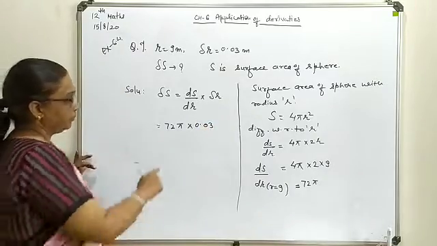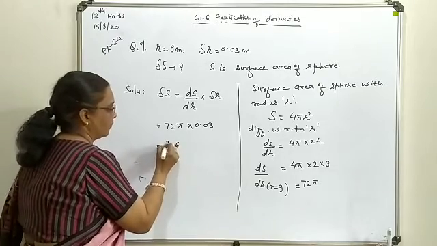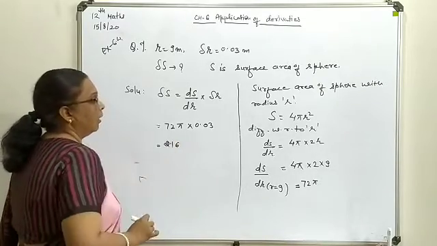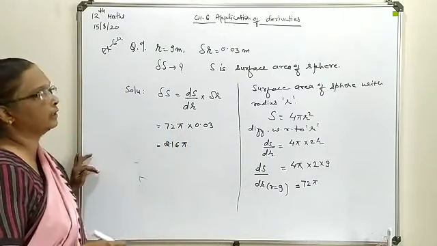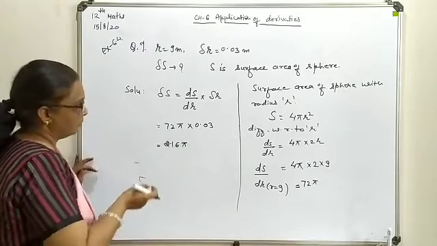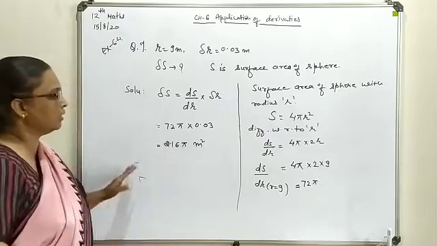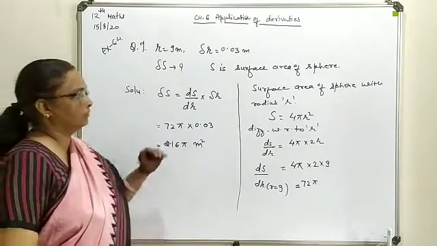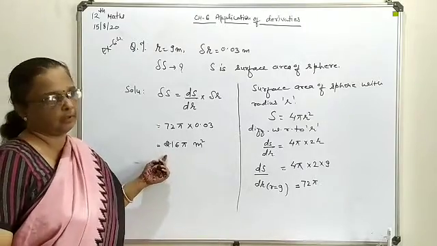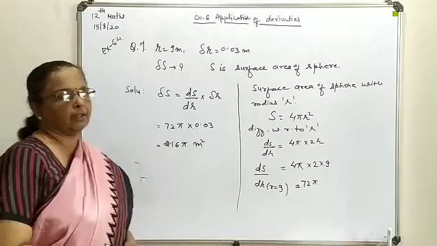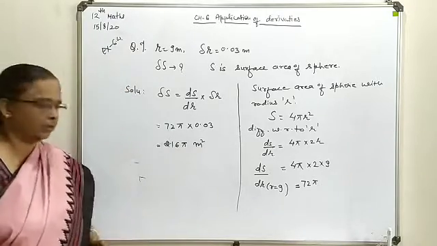Multiplying them gives 2.16 pi, and as it is the error in the surface area, its unit is meter square. This way you can calculate the area affected by a parameter. This is one type of application in which approximate value evaluation is used.